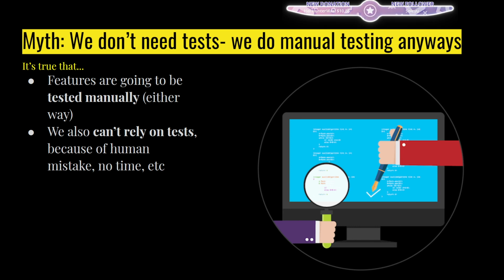So features are going to be tested manually by a tester, and even a tester can make mistakes, therefore QA will test it afterwards, and even they make mistakes, and therefore we have bugs in production.